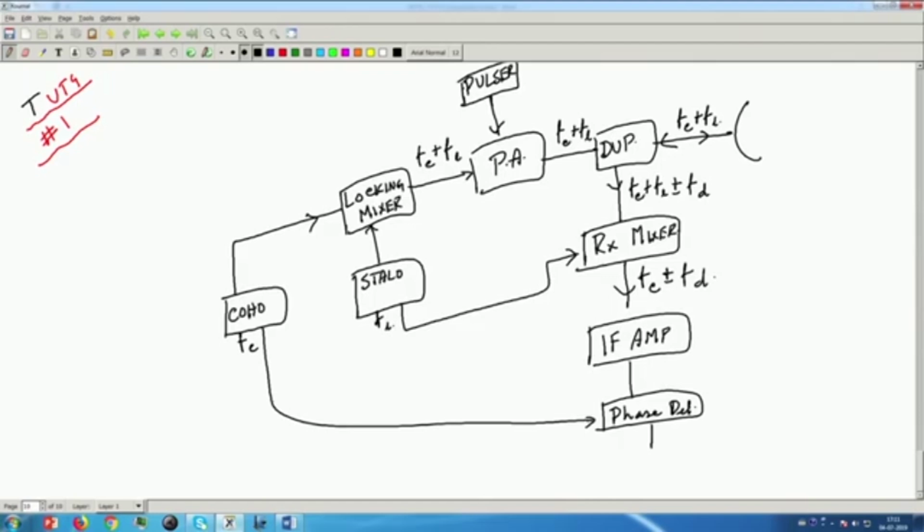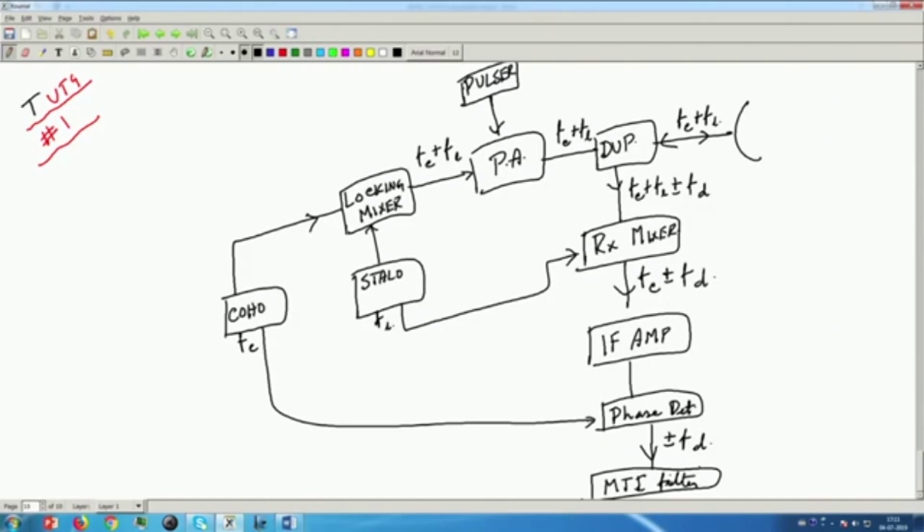The phase detector is also a mixer, so here you get FD, which is put to the MTI filter. This was the block diagram.